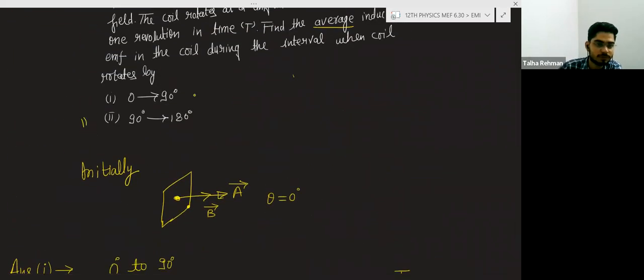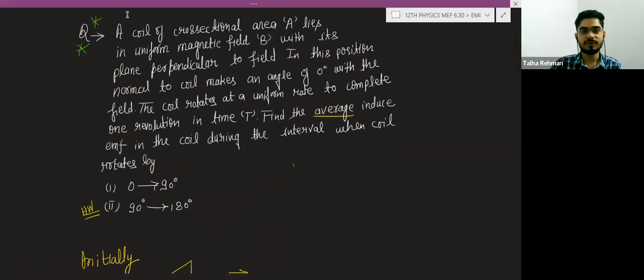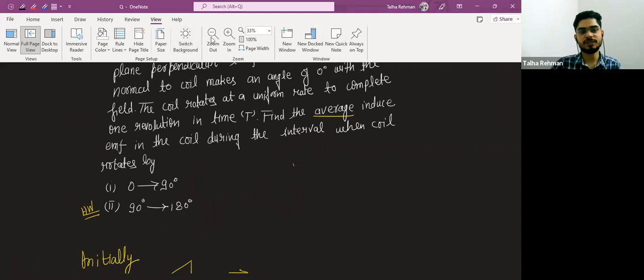This is your homework. Initially your coil is like this. After that your coil is rotated through 90 degrees. Now from this 90 degrees to 180 degrees, when the coil is rotating, you have to calculate the average EMF induced. Okay, write down the question and answer both.